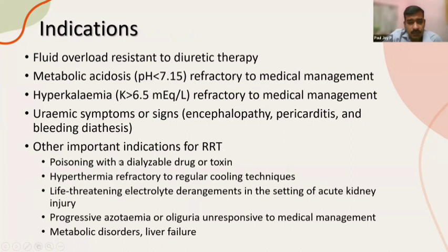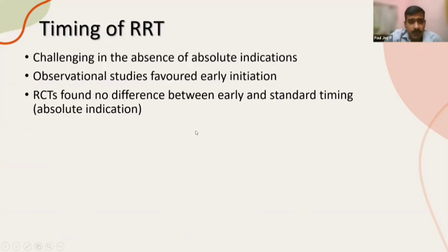RRT is considered in other situations like poisoning, hyperthermia, life-threatening electrolyte derangements like hyponatremia in the setting of AKI, progressive azotemia or oliguria unresponsive to medical management, certain metabolic disorders leading to hyperammonemia, and in some cases of acute liver failure.